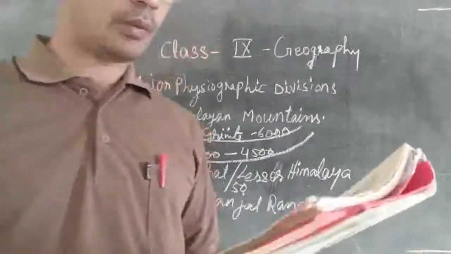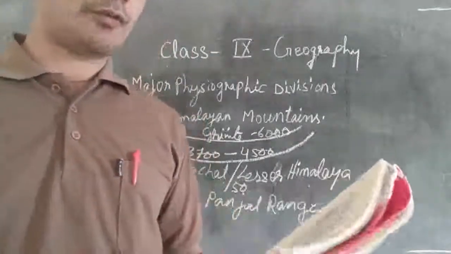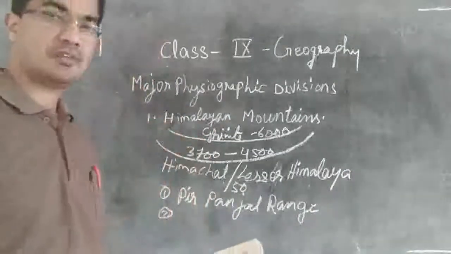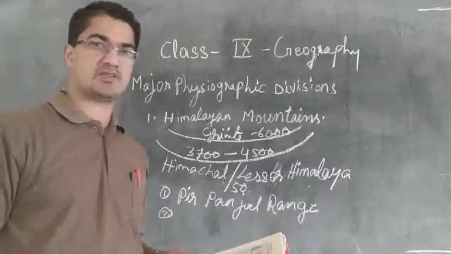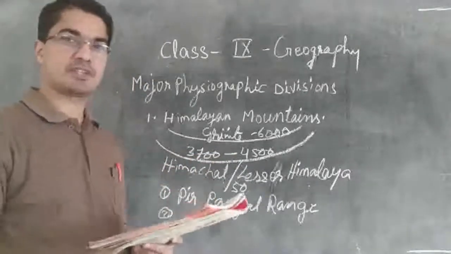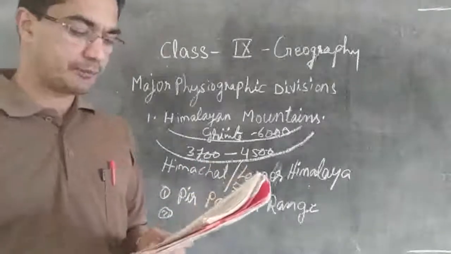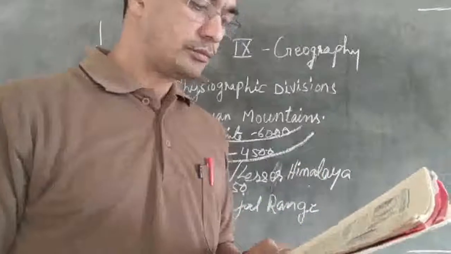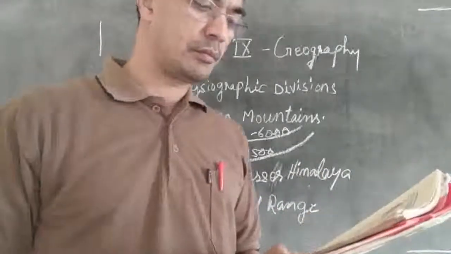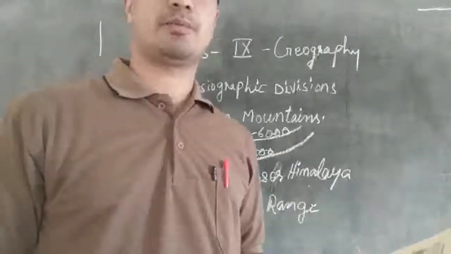Then this range consists of the famous valley of Kashmir. You know about Kashmir, that is falling in this range. The second range of this Himalaya contains the Kashmir valley. And the Kangra and the Kullu Valley in Himachal Pradesh.